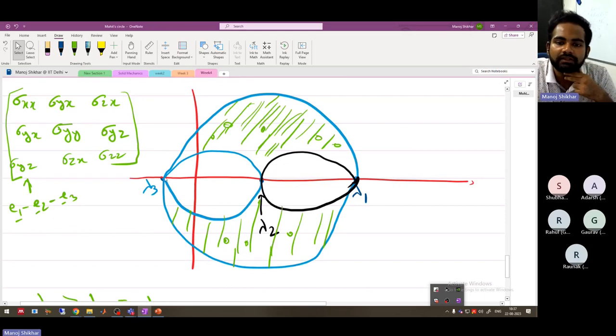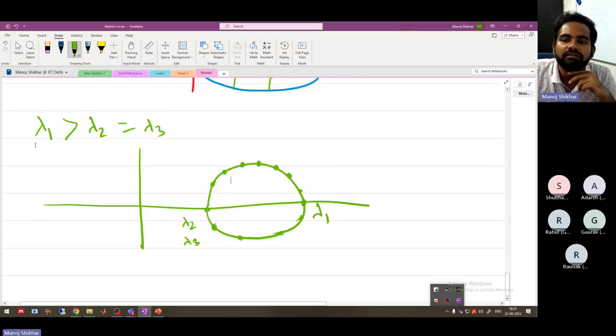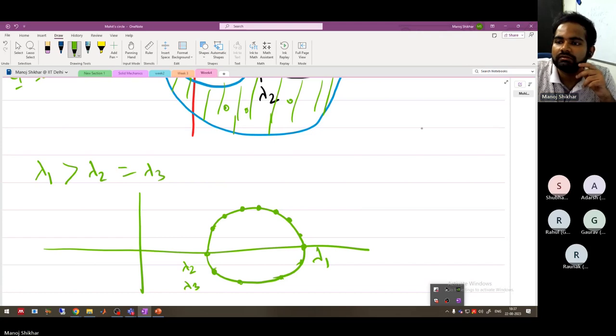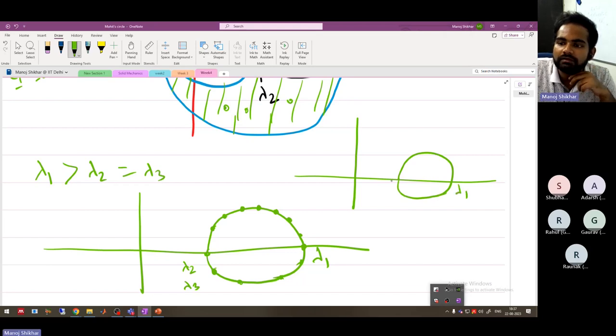Now imagine lambda 3 is coming towards lambda 2. So what is happening? This is the solution for Mohr's plane, and this space is contracting. Suppose lambda 2 and lambda 3 are very close, then what will happen? This is lambda 1, this is lambda 2, suppose this is lambda 3.